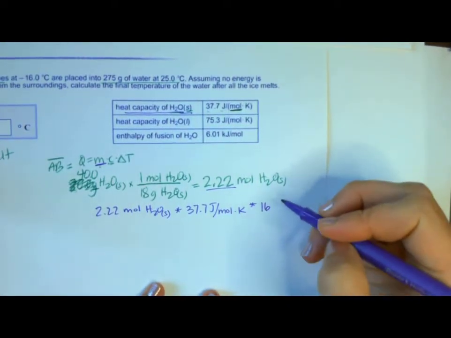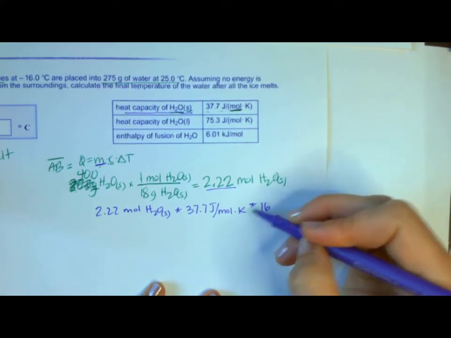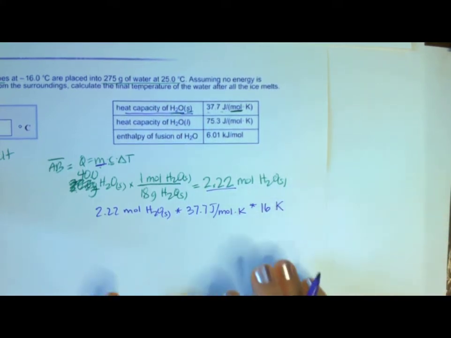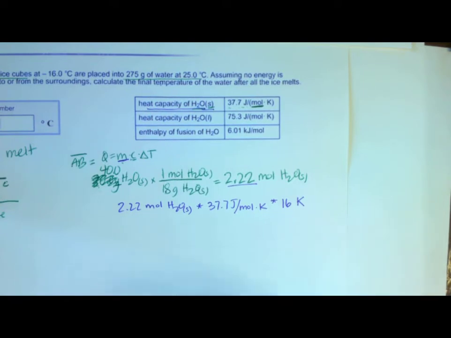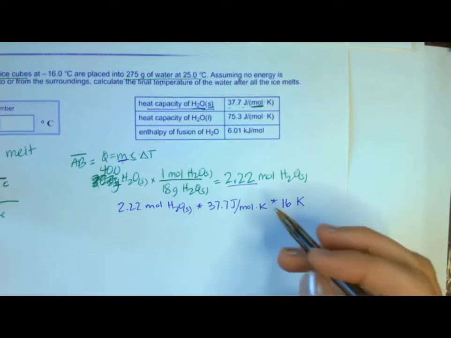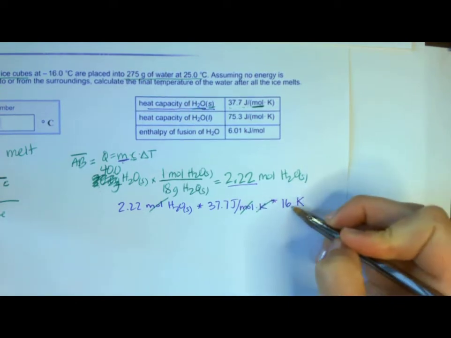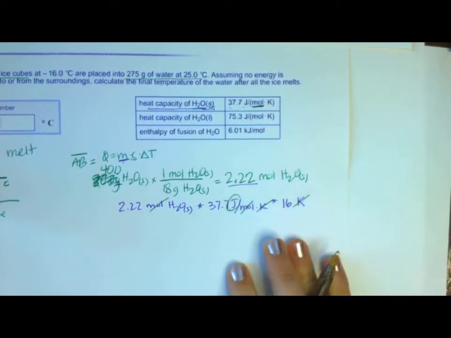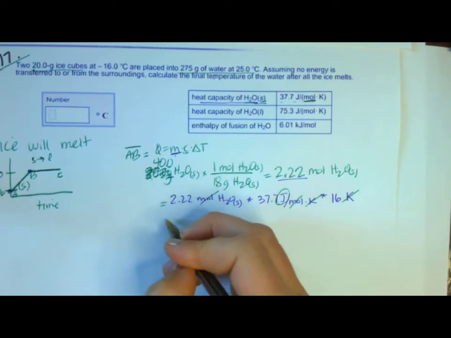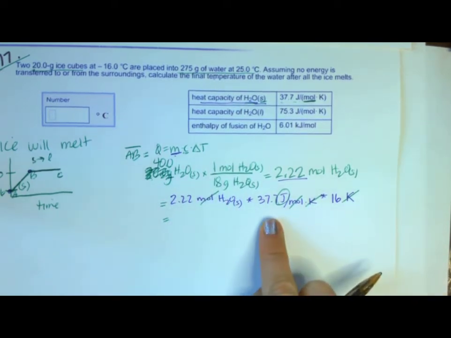And we know that 1 degree Celsius is equal to 1 Kelvin, so we'll just use Kelvin so that our units all cancel out. We've got moles and moles canceling, Kelvin and Kelvin canceling. That makes sure that our unit here is in joules.